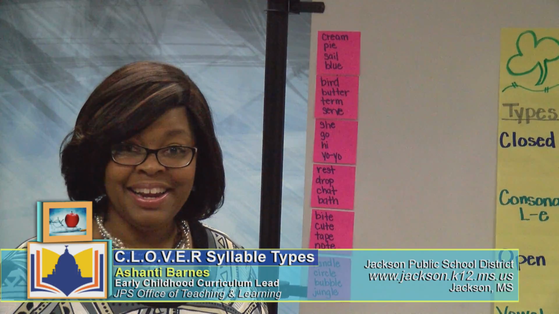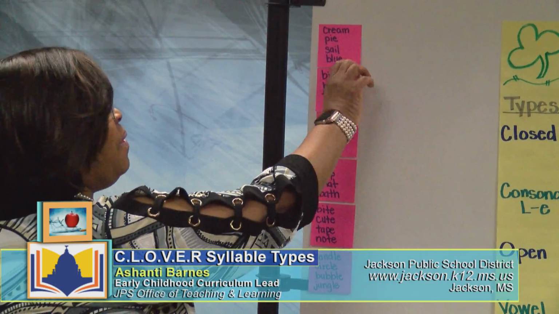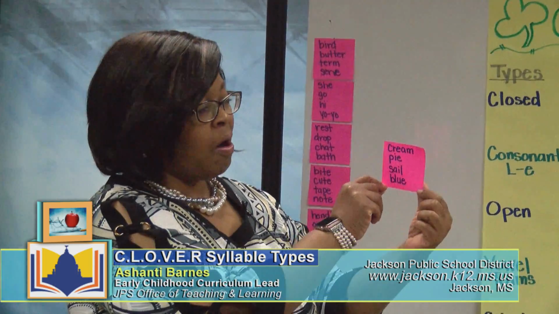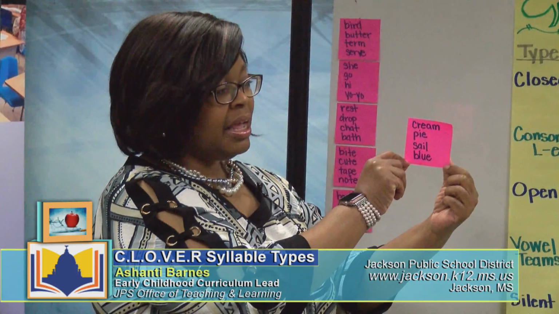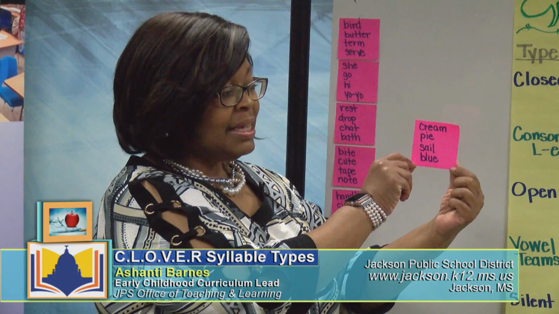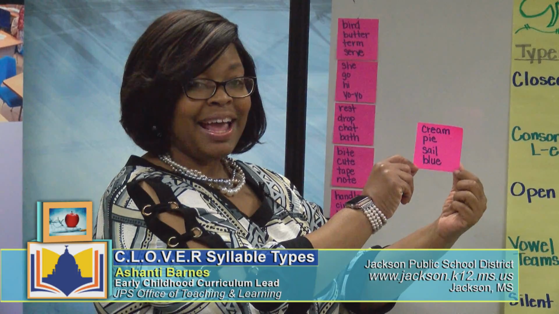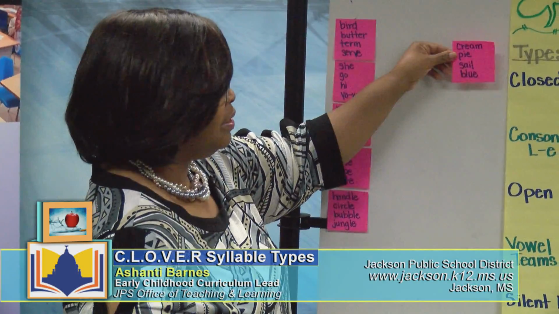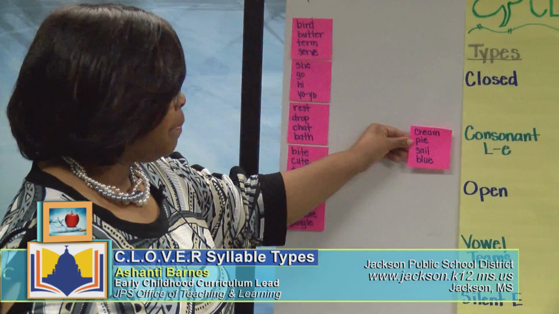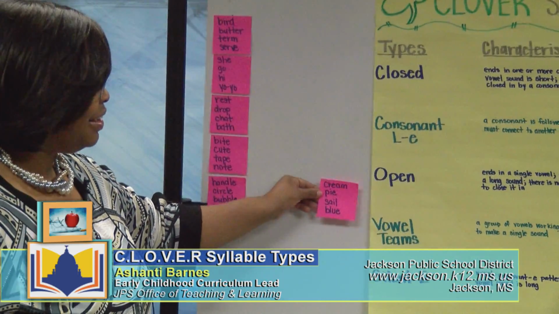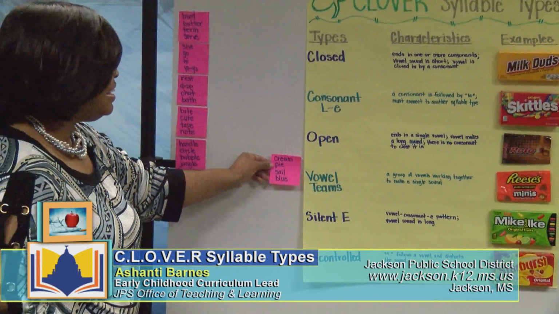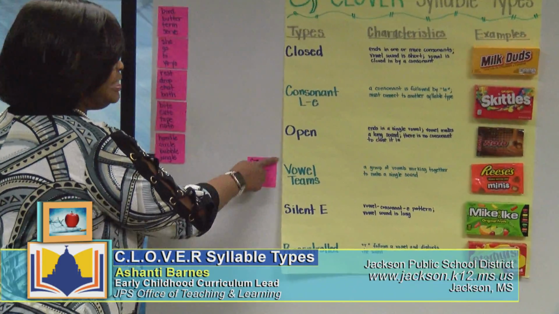Are you ready? Good. So our first sticky note, our words are cream, pie, sail, and blue. Which syllable type do these words belong? You got it. These are vowel teams.